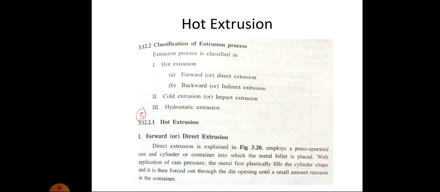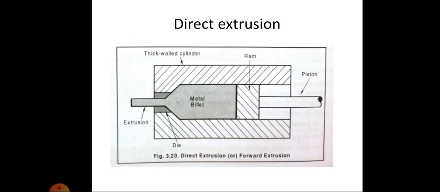Then forward or direct extrusion. Direct extrusion can be seen in this diagram, which contains a press operated ram and a cylinder or container into which the metal billet is placed.